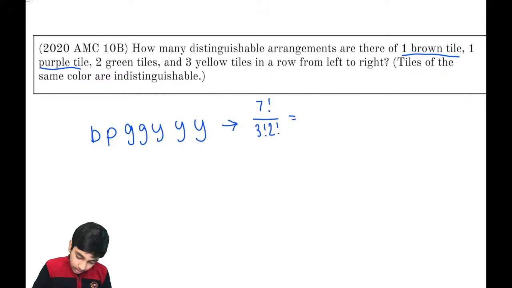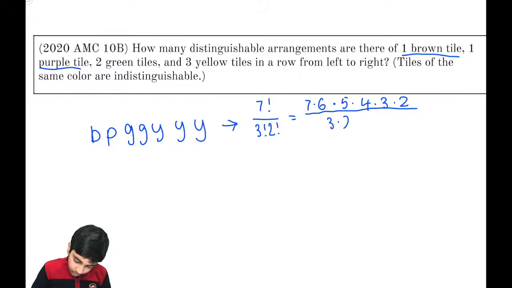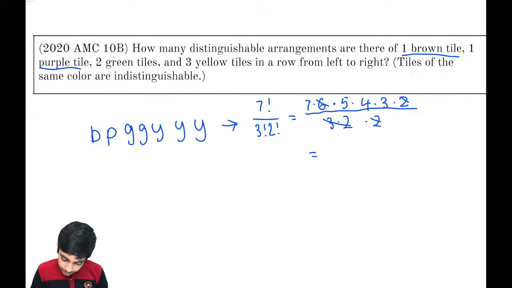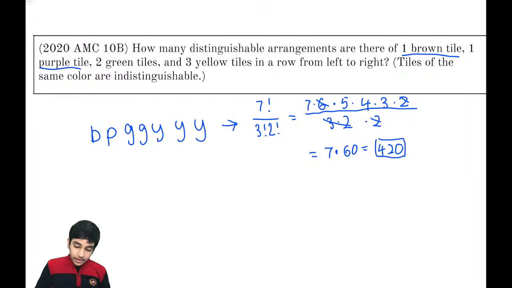And this is equal to 7 times 6 times 5 times 4 times 3 times 2, divided by 3 times 2 times 2. These cancel, we're left with 7 times 5 times 4 times 3, which is equal to 7 times 60 or 420, which is the answer. So this is just a simple example to warm up.